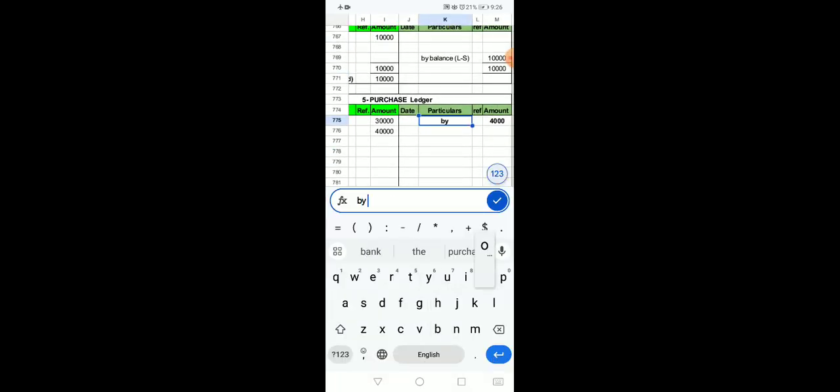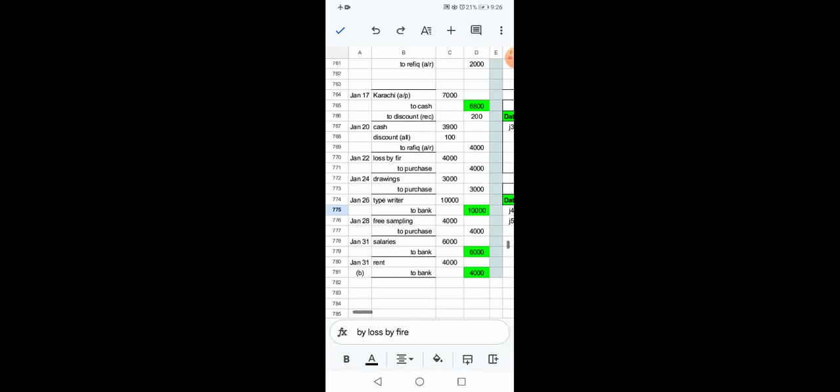Purchase is credited by 4,000. So go to the credit side and write down 4,000 on the credit side, and see 4,000's reference, that was loss by fire. So you will be writing over here By loss by fire. All right, and see its date.